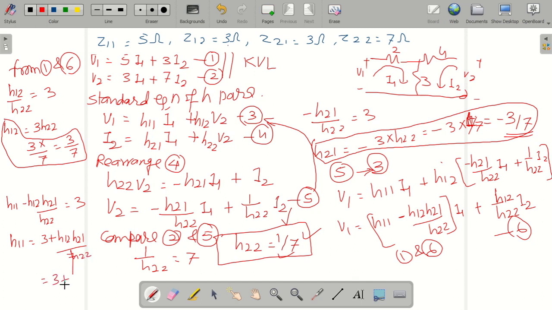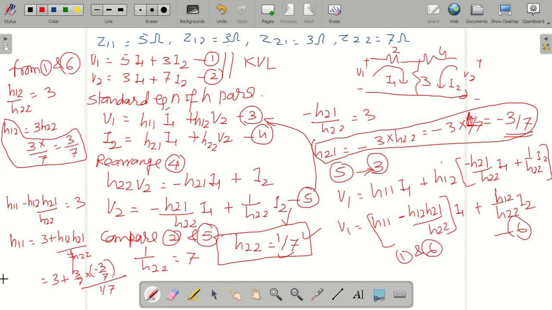So 3 plus H12, how much is it? H12 is 3 by 7, into H21, how much is it? H21 is minus 3 by 7, upon H22, how much is it? I got H22 earlier, 1 by 7.